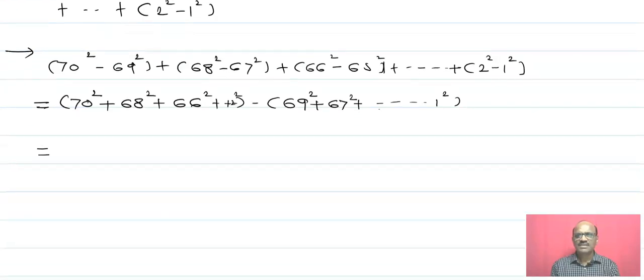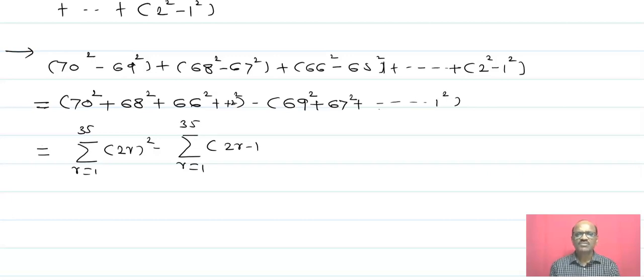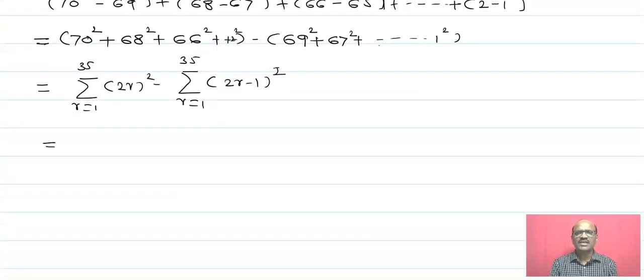Therefore, summation r equals 1 to 35 of (2r) squared minus summation r equals 1 to 35 of (2r minus 1) squared, as all these numbers are odd numbers.